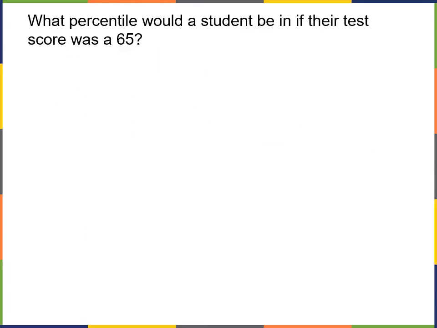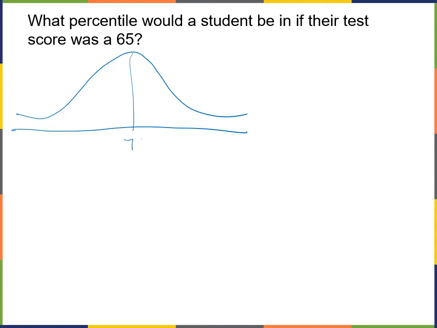Here's an example. Again, dealing with the same one. What percentile would a student be in if their test score was a 65? So remember, what did we just do? We said the mean was 75.